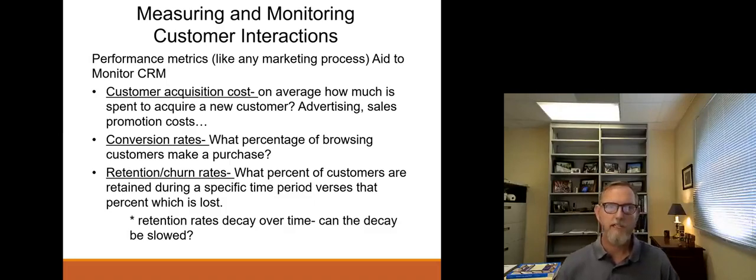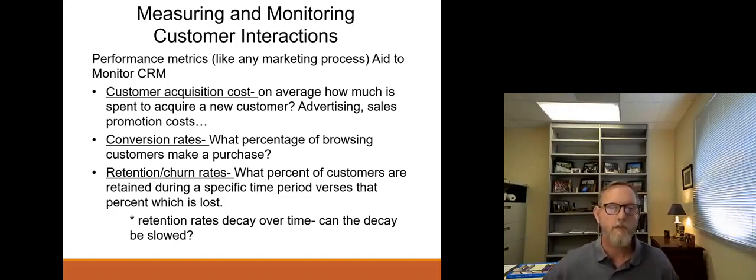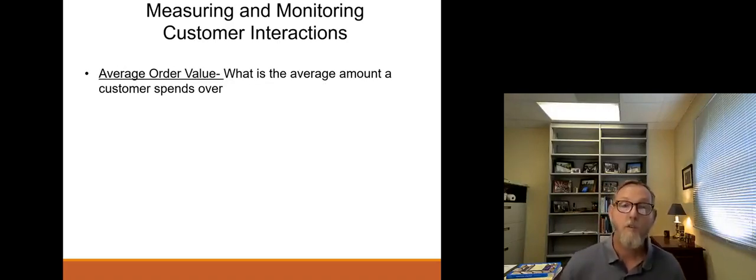Okay, so again, think of this, especially in the context of acquisition costs. If we're losing customers, we need to attract new ones, meaning we have to spend money on acquisition costs to bring new ones in. So that can be problematic. All right, so retention and churn rates.